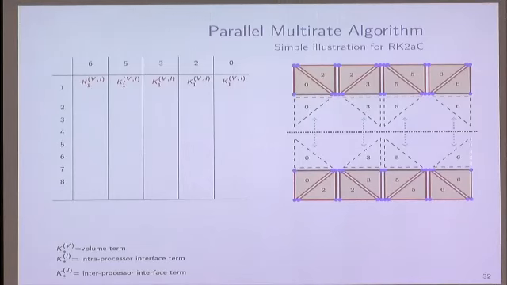So first we compute the current input on every node of the mesh. We don't scatter anything at that point. We send the information to the other partition while we compute the volume terms of each element and the intra-processor terms.